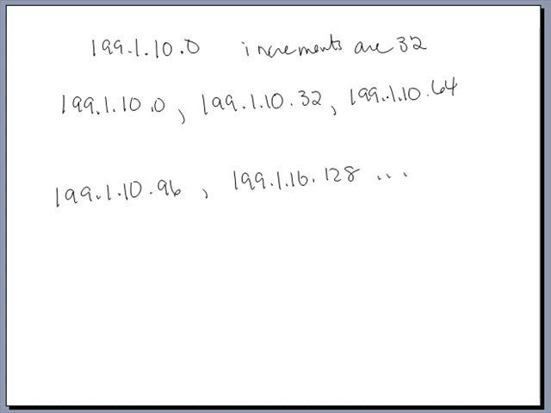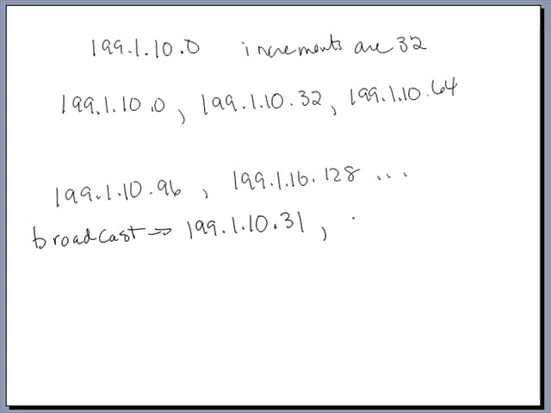So if the first one, let's just put here broadcast for the first one. So if the first one goes from 0 to 32, the broadcast address for the first one is going to be 199.1.1.31.